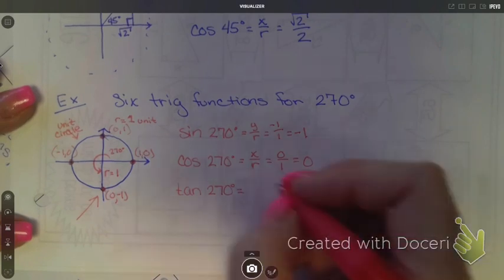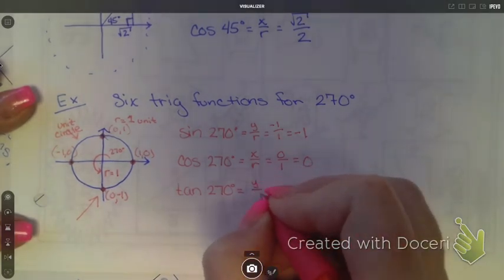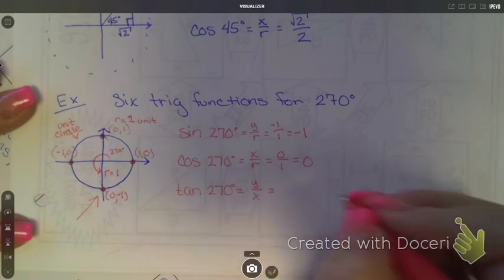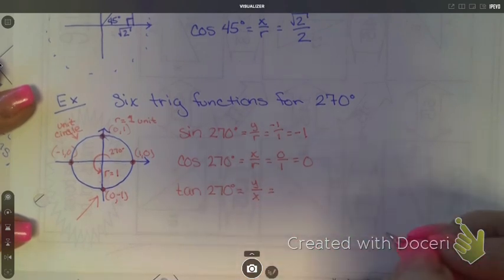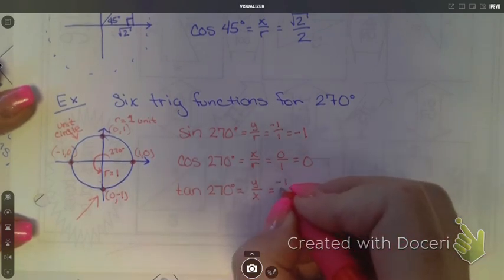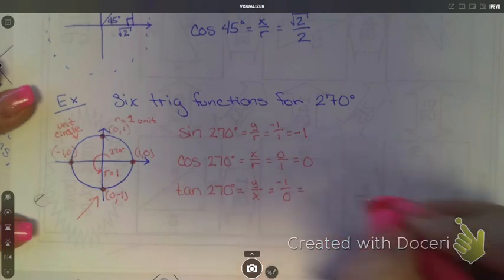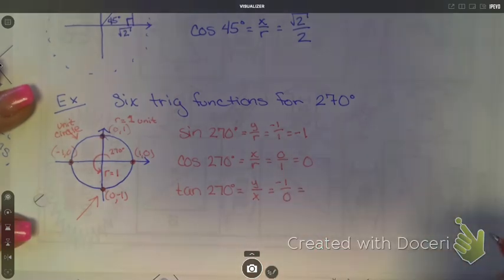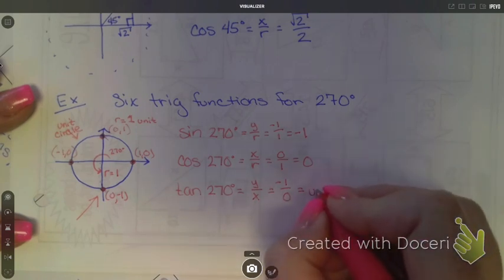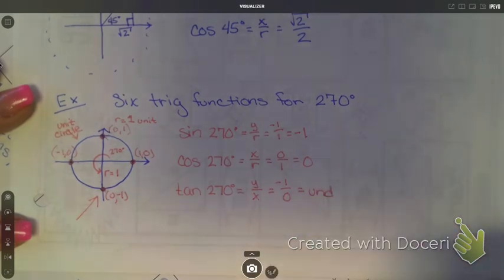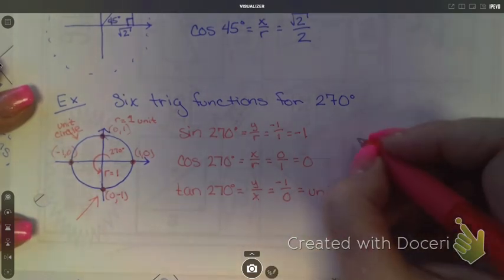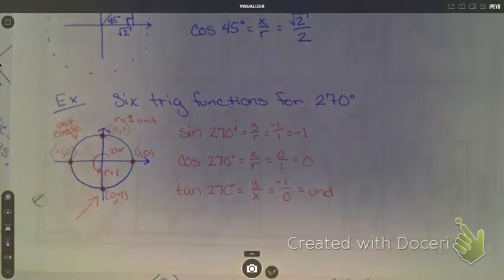Y over X. So it is negative 1 over 0, which we can't have, because 0 can't be a denominator. So what's the answer? Undefined. Can I just put UND? Yeah. Okay. Now, you guys do secant, cosecant, and cotangent on your own and try to pair them up without looking.